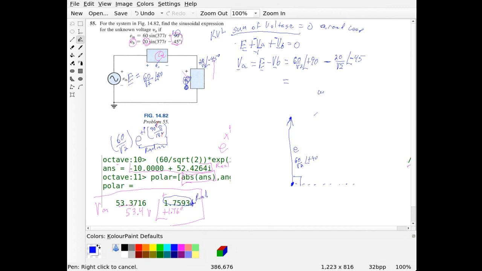This number is correct, but it is 1.75 radians, not degrees. So when I calculate it in degrees, it's 100.8 degrees. I don't know exactly what I did when I tried to calculate it in degrees, but it did not come out correctly.